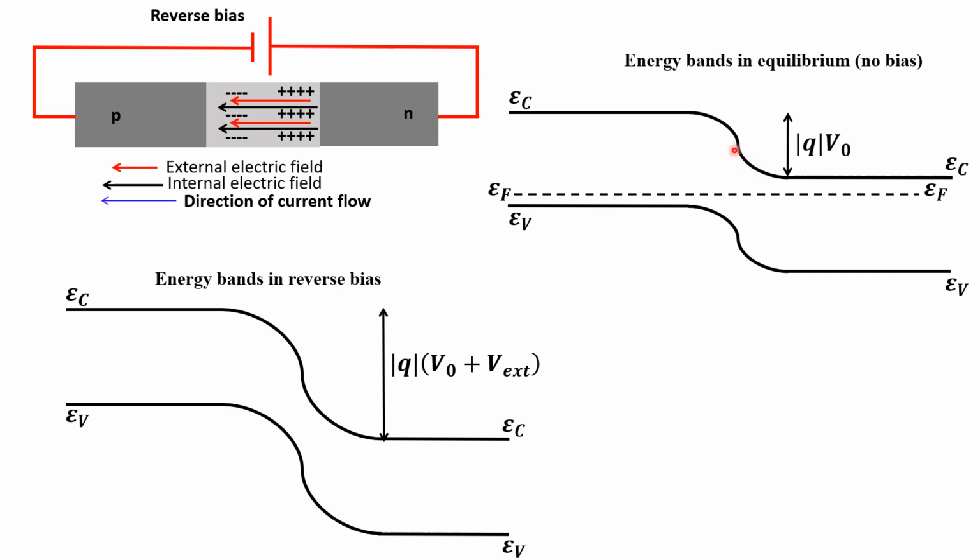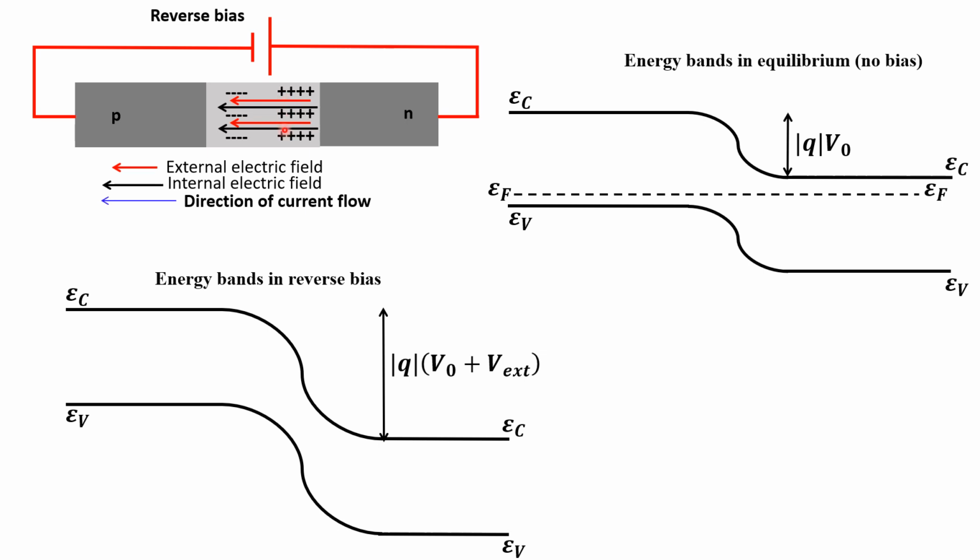So if this potential difference in equilibrium was already sufficient to prevent the flow of electrons from N to P and of holes from P to N, now that this barrier, this electrostatic potential difference, is even higher, then it is even more difficult for electrons to diffuse from N to P and for holes to diffuse from P to N. But in fact, we could have an extra drift current because we have a higher electrostatic potential difference.